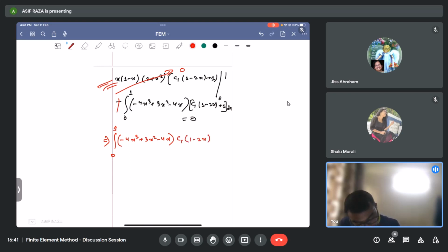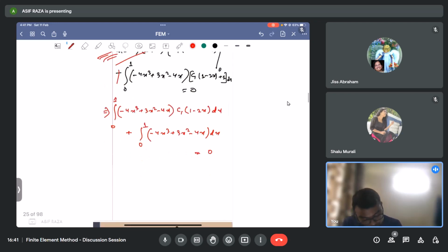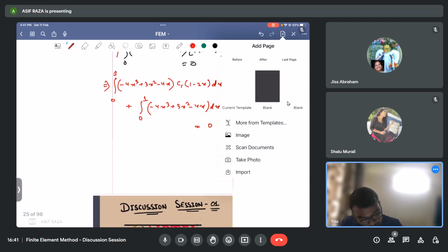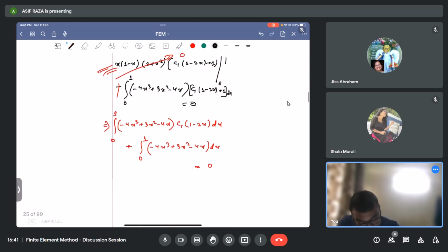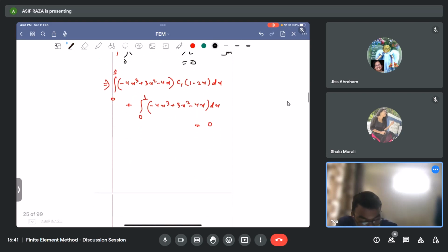If you multiply 1 also again, we'll have 0 to 1 minus 4x cube plus 3x square minus 4x dx. This is also equal to 0. Okay, mistake again. Now do the integration.